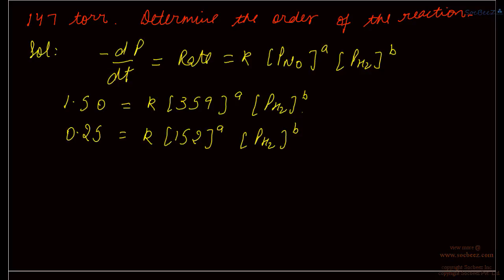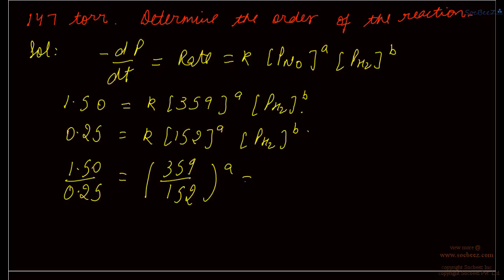Now since they are constant, they are the same. If we divide this expression by this, we get 1.50 upon 0.25 equals 359 upon 152 to the power A, and 1.50 by 0.25 equals 6.